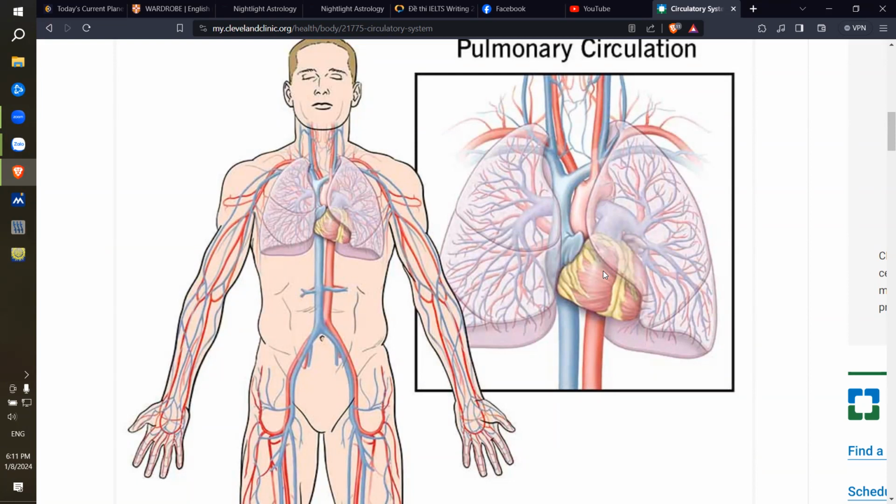Red blood cells are continuously produced in the bone marrow and have a lifespan of about 120 days. It's made of about 40 to 45% of the total volume of blood. So it means that the rest is just cells and other components of cells, right?